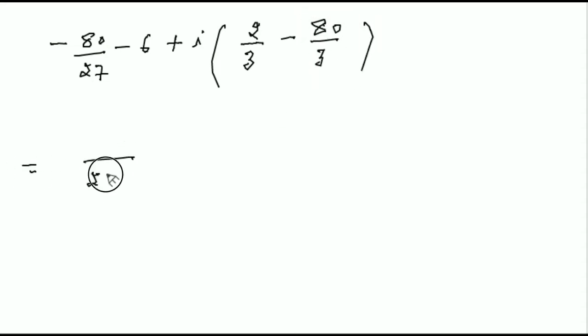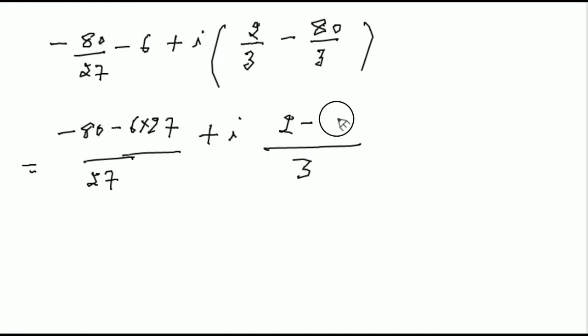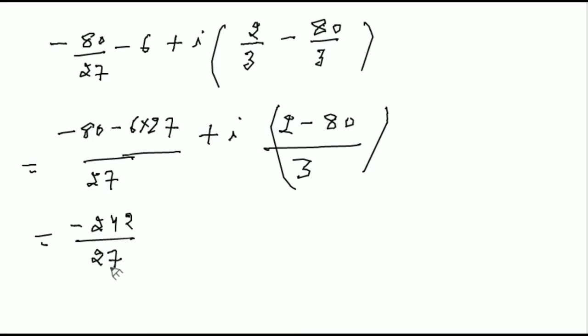So here 27 will be the LCM. So minus 80 minus 6 into 27, plus iota, here 3 is the LCM, 2 minus 80. If you multiply this, first you have to take 27 into 6, plus 80, so 242 divided by 27, and plus iota into minus 78 by 3.